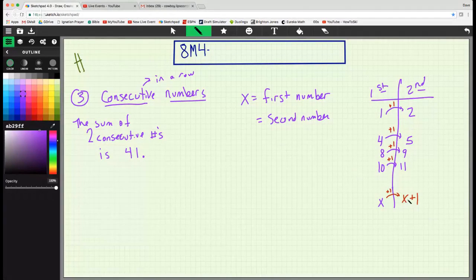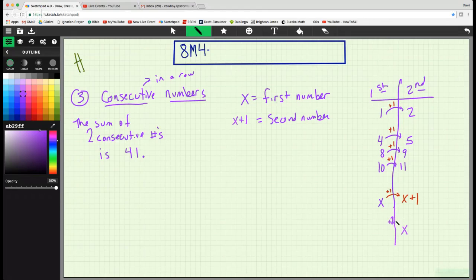So that's the intuition or the rule behind two consecutive numbers: it'll always be x and x plus 1. And in fact, you could even think of it this way. If my second number was x, what would my first number be? What do I have to add?